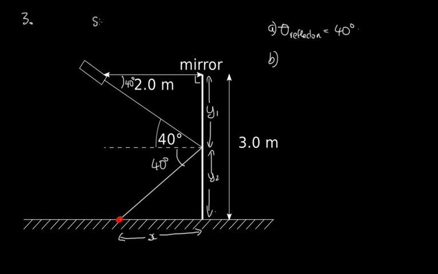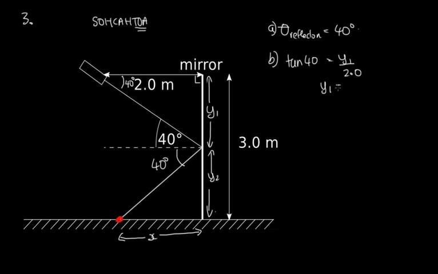And now we can use trigonometry, SOHCAHTOA. We know this angle, we know the adjacent side, and we want to find the opposite, so we'll use TOA, and so we know that tan 40 is equal to opposite, which is Y1, over adjacent, which is 2.0.